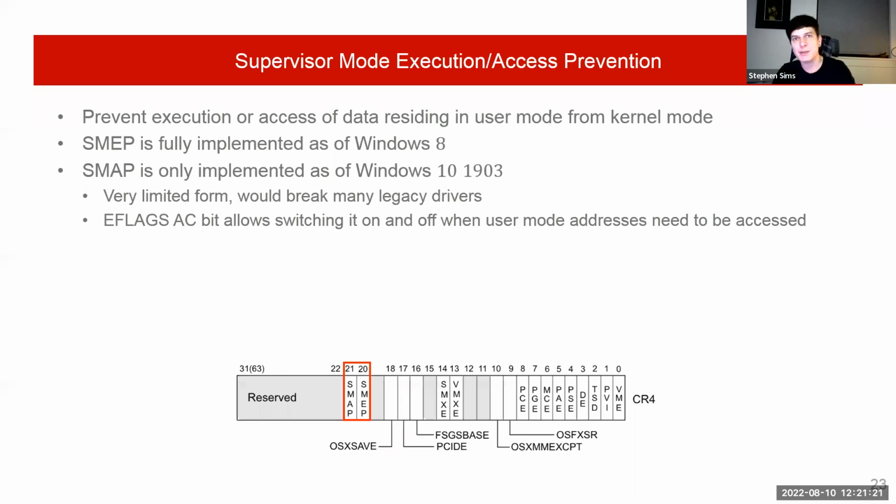SMEP and SMAP, that's supervisor mode execution and access prevention. What these controls are doing is preventing code execution from occurring in a user land memory address while under the context of the kernel.